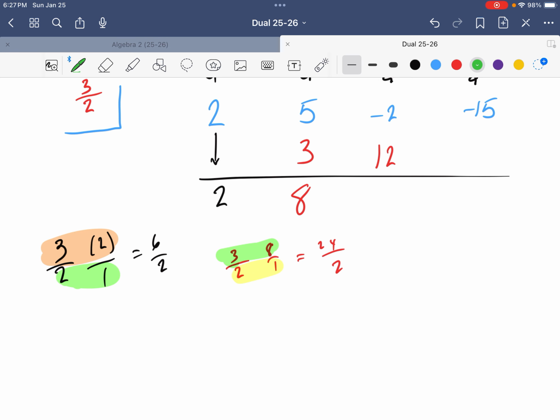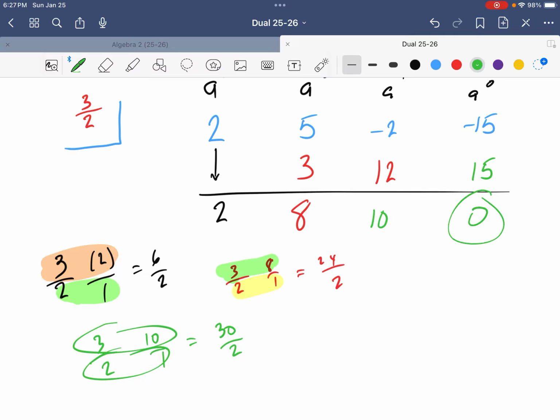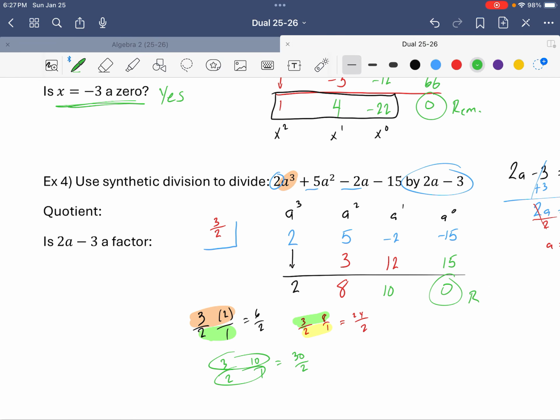Add going down. -2 plus 12 is 10. 10 times 3 over 2, or 3 over 2 times 10 over 1. If you multiply those, you're going to get 30. 2 times 1 is 2. 30 divided by 2 is 15. If you add going down, you're going to get 0. So 0 is the remainder, and the other numbers are the quotient. Oh, it didn't even ask for the remainder. Okay, so quotient.